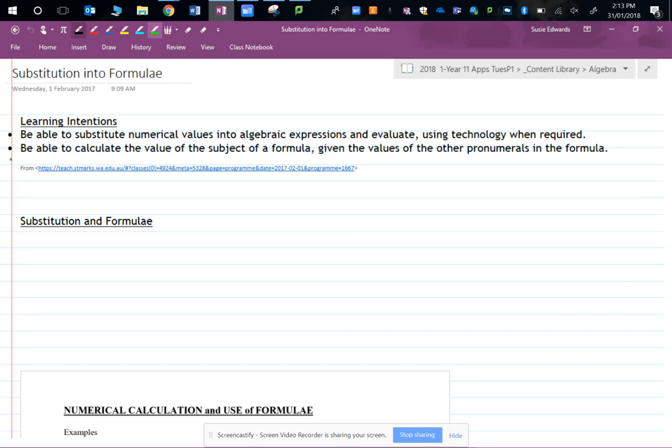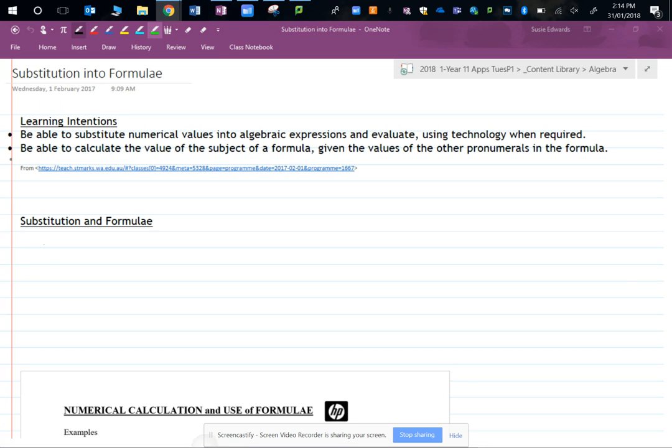So formulas, what is a formula then? If we look at those examples, what was common between them? A squared plus b squared equals c squared. Y equals mx plus c. What's common? There are letters and there's an equal sign. So it's an equation.